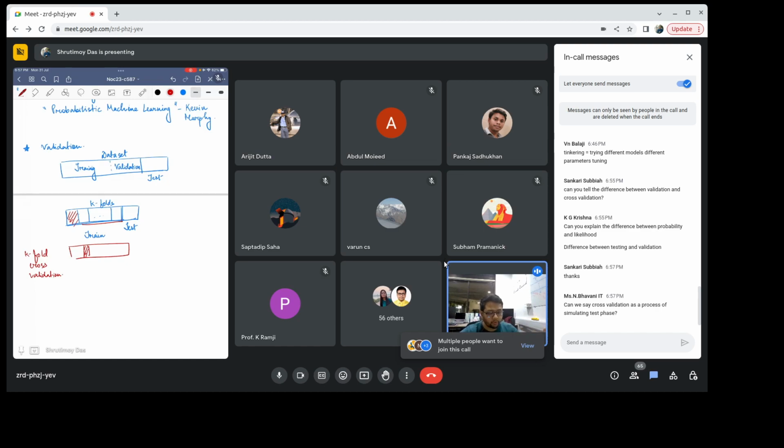So suppose you are working with images, say a 100 by 100 image. So this is a very large feature space, on the order of 10 to the power 6 features. In this case, if we have only say 10 images, our model will not be able to learn well because the number of examples is small. So in that case we will go with k-fold cross-validation. Is it clear?